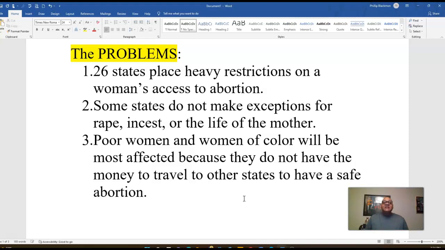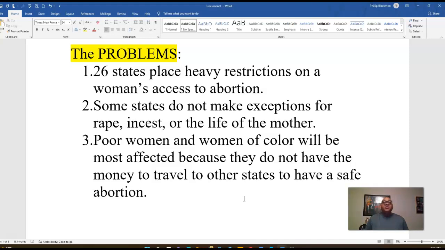Twenty-six states place heavy restrictions on a woman's access to abortion. Those of you who have been following this story know that some states have created trigger laws that say life begins at conception, and women are going to be imprisoned or face stiff fines, and people who perform abortions are going to face stiff fines and imprisonment.